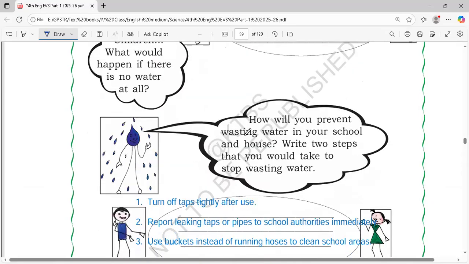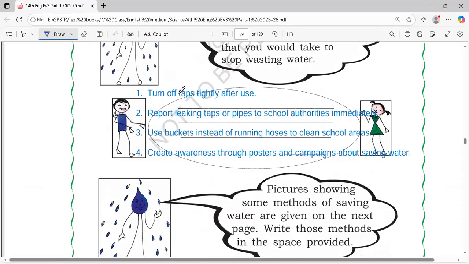Next, water droplet. How will you prevent wasting water in your school and house? Write 2 steps that you would take to stop wasting water. First step, turn off taps tightly after use. This is one. Next, report leaking taps or pipes to the school authority immediately.